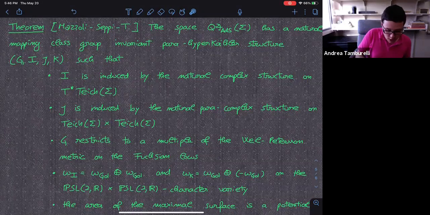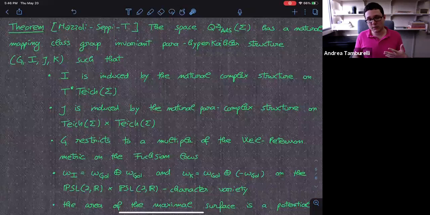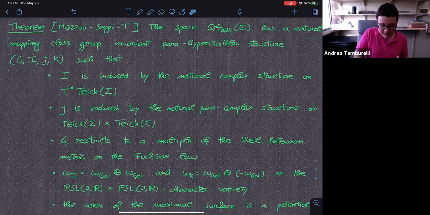The complex structure I comes from the natural complex structure on the cotangent bundle. Like we saw in the previous lecture, Teichmüller space has a natural complex structure, so the cotangent bundle has a natural complex structure as well, and I is exactly that complex structure inherited from the identification between quasi-Fuchsian anti-de Sitter manifolds and the cotangent bundle using the embedding data of the maximal surface.